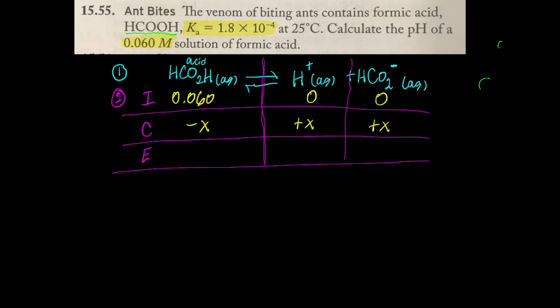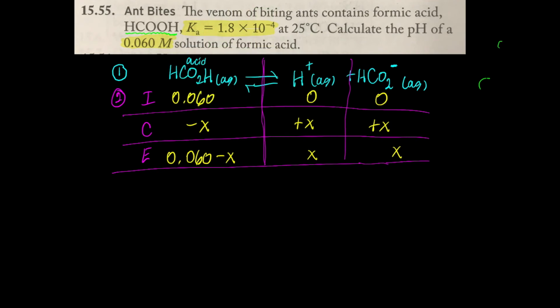At equilibrium, we're going to have 0.060 minus that little bit. We're going to have 0 plus that little bit. We're going to have 0 plus that little bit. We can go ahead and simplify these and just write x. Okay, it has a value of x.